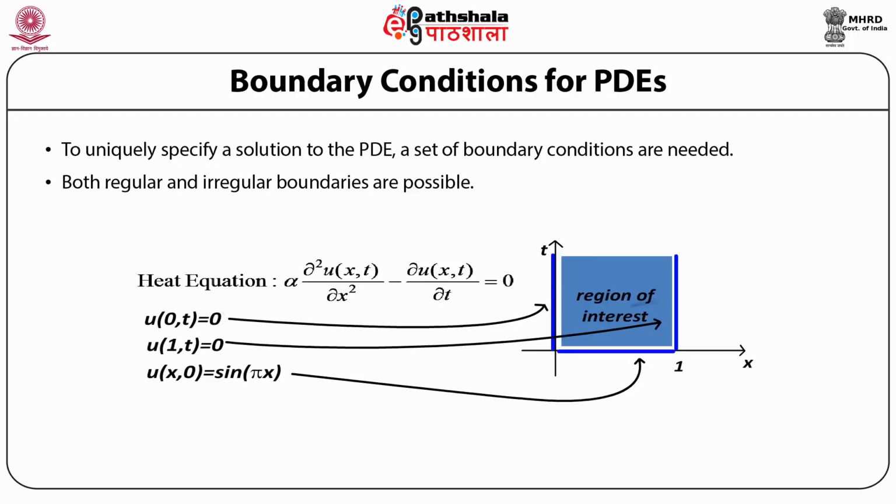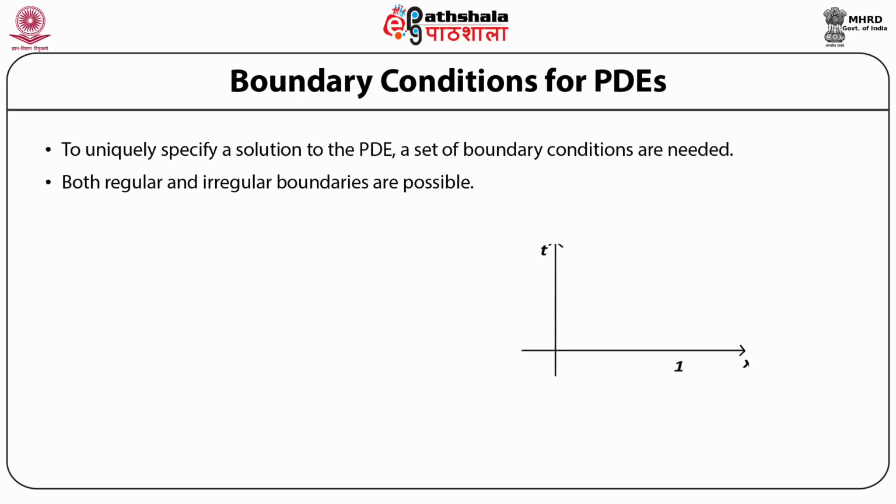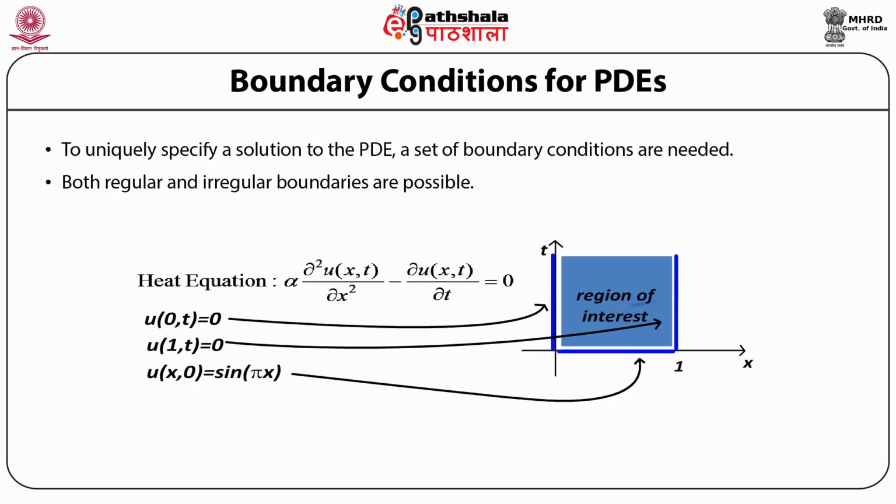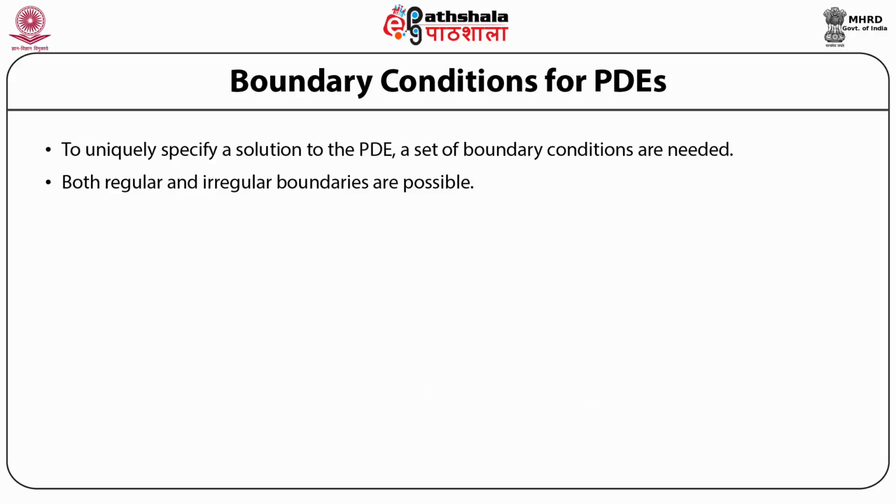Now if you talk about x with respect to time, for an extended period of time, the first two, u(0, t) and u(1, t), are called boundary conditions. In total, all three can be called boundary conditions, but if time t is equal to 0, it is called the initial condition.